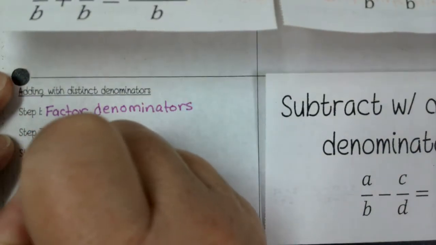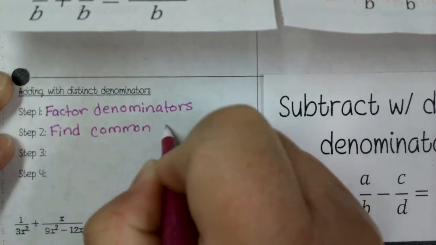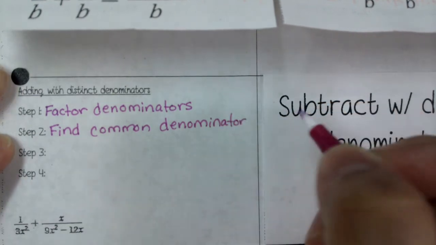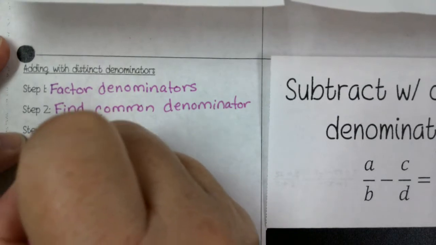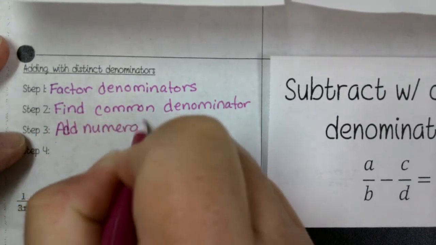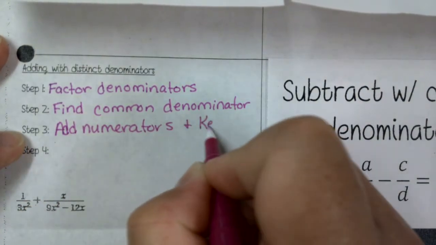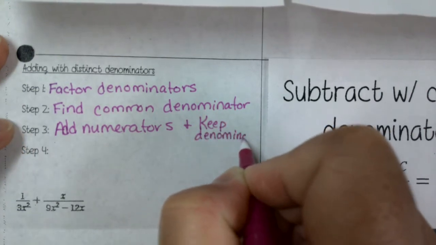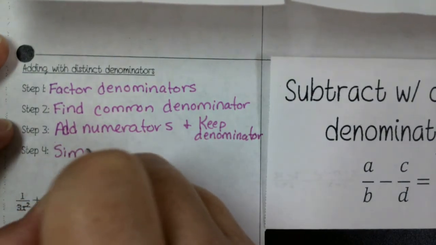Then we need to find the common denominator from that. Then we will add our numerators and keep that common denominator just like above. And then again, check to see if we need to simplify.